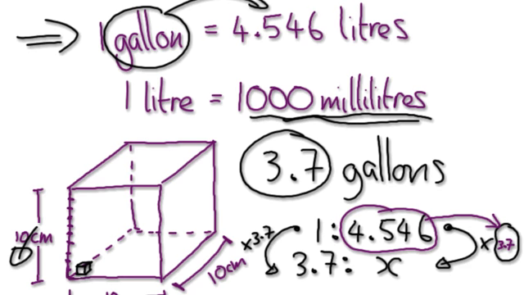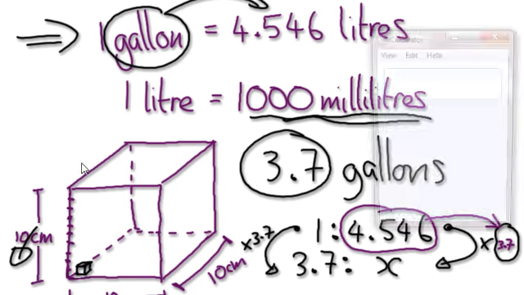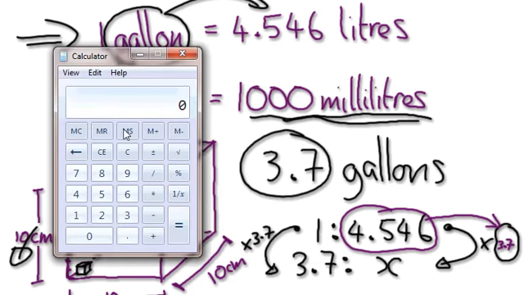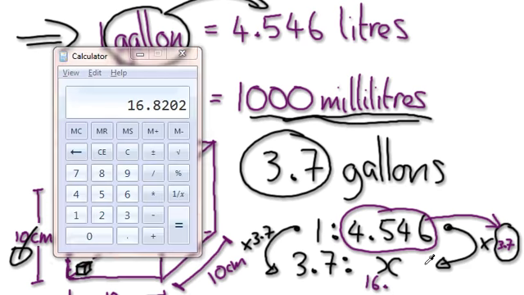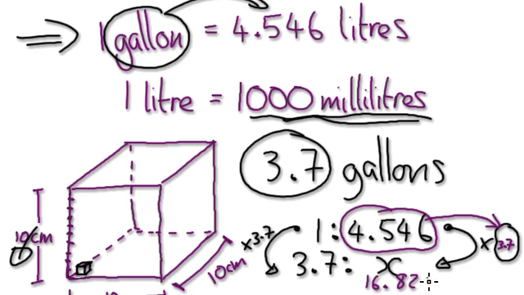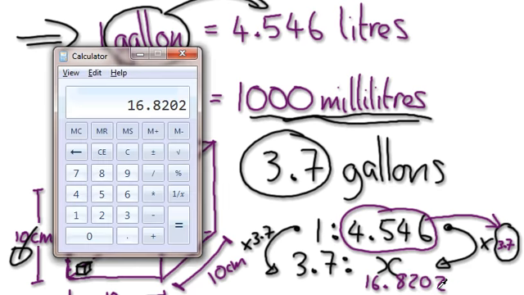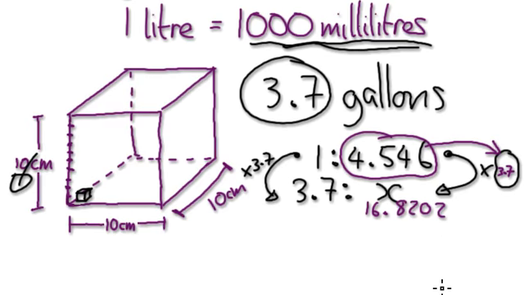So on the calculator, 4.546 times 3.7 equals 16.8202.